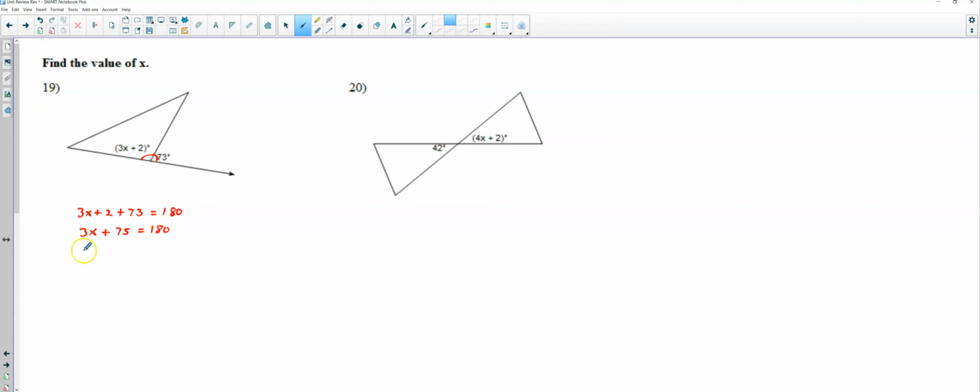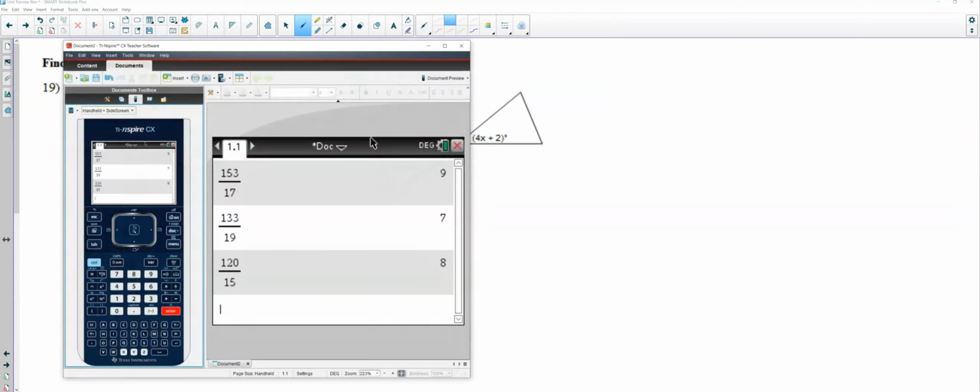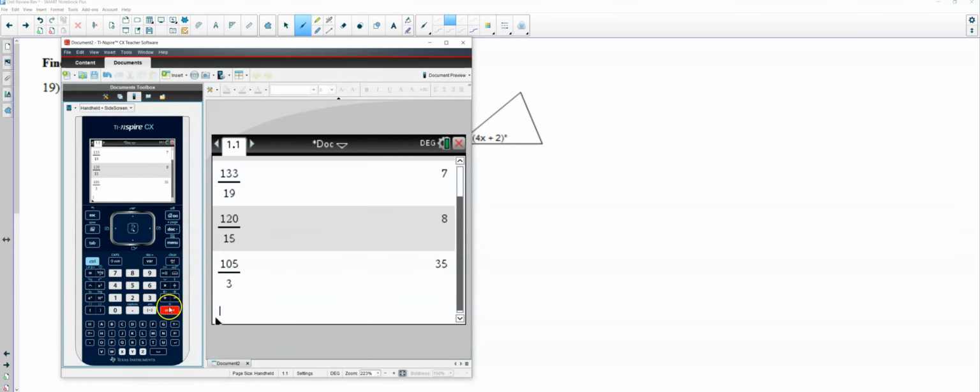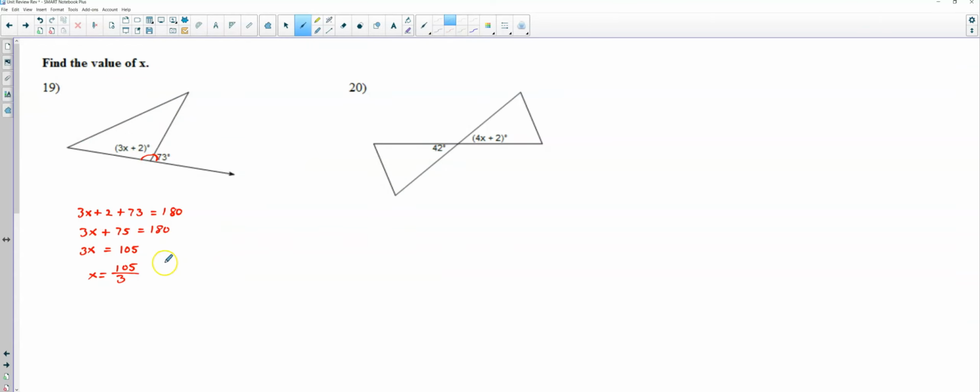That means 3x equals 180 minus 75, that's 105 degrees. X equals 105 divided by 3. Go to the calculator, make it easy. That's 35. So x equals 35.